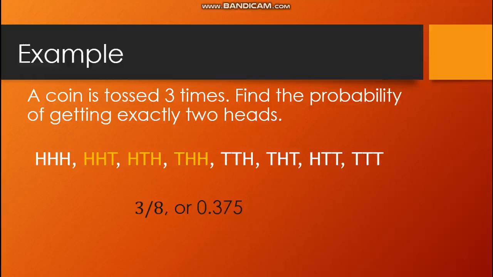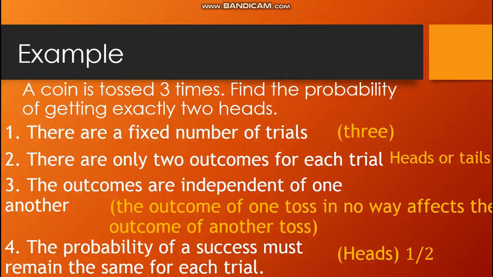So pag-aralan natin kung na-satisfy nito yung binomial experiment. There are 4 requirements na nabanggit ko sa last slide. So, dapat daw para ma-satisfy yung binomial experiment, number 1, dapat may fixed number of trials. So, pag-toss ng coin, nakalagay dito 3 times.